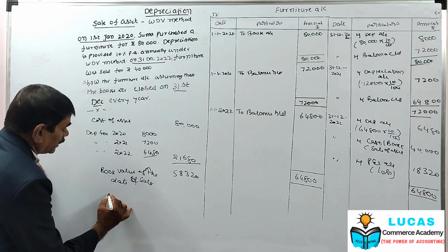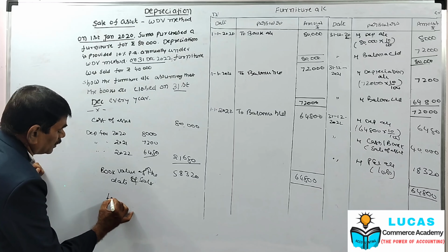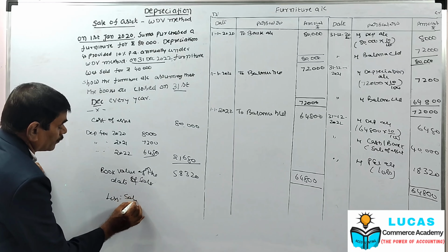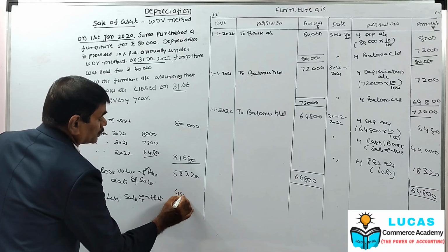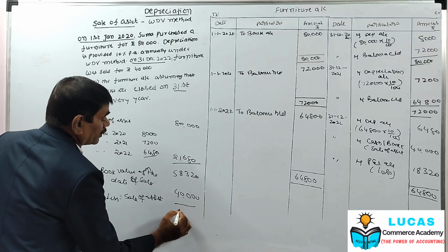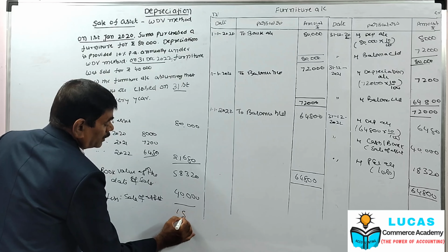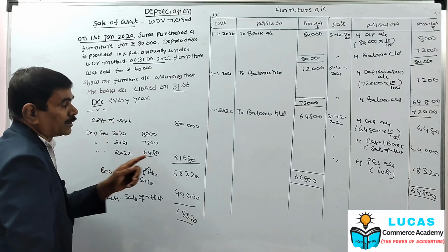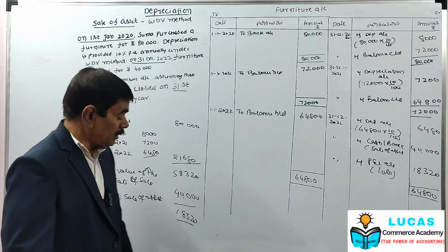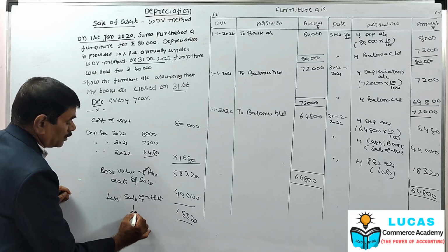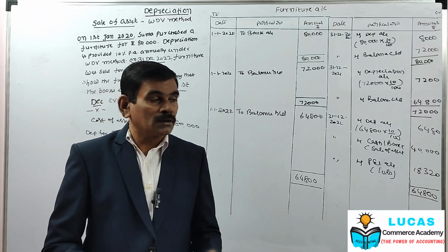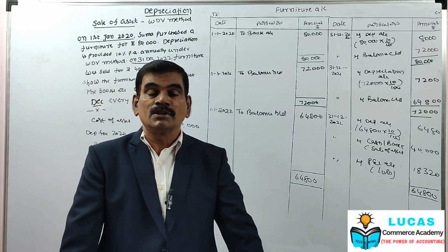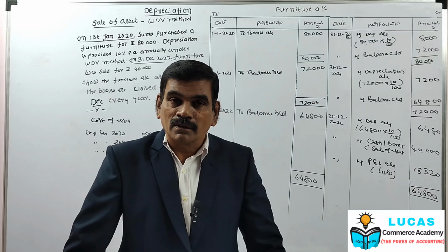Here the sale of asset is 40,000, so the difference is 18,320. So there also 18,320. This is the procedure for calculation of profit or loss and preparation of furniture account or asset account.